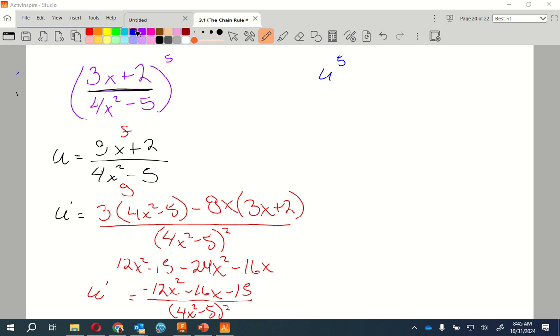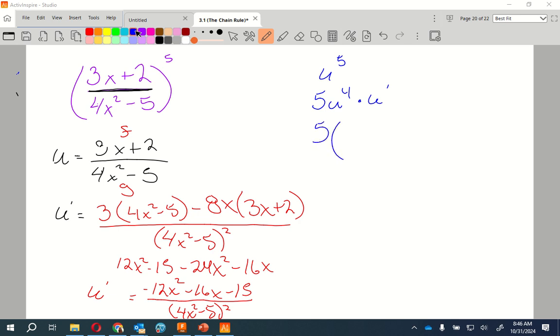All that work for something ridiculously simple. So let's go ahead, and this is going to turn into 5u to the 4th times u prime, and now let's go ahead and put that u prime up in there and substitute it back.